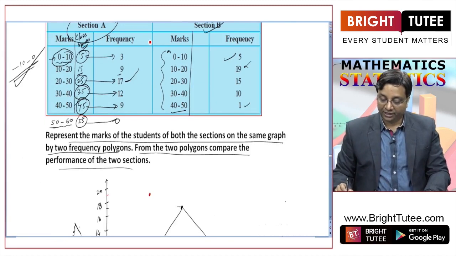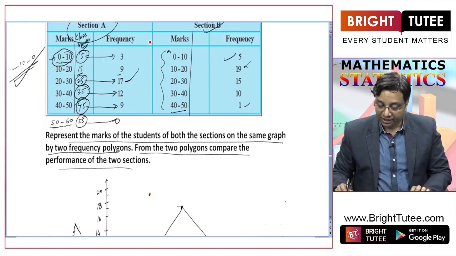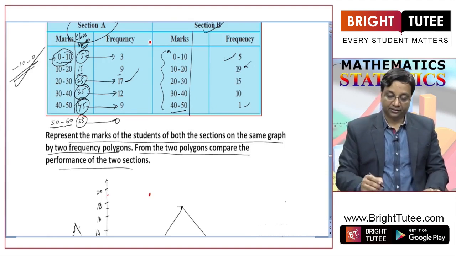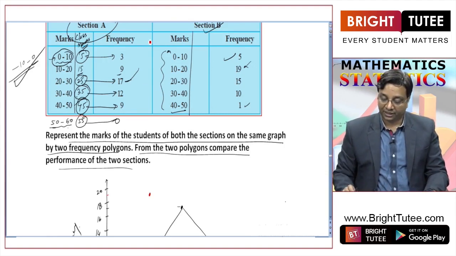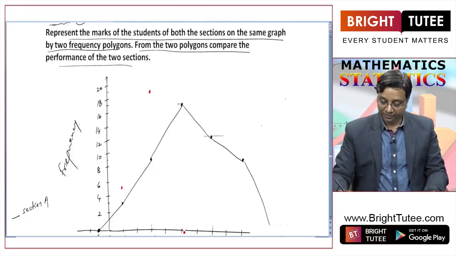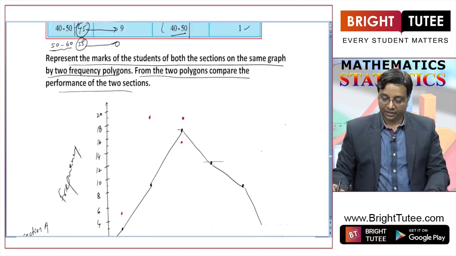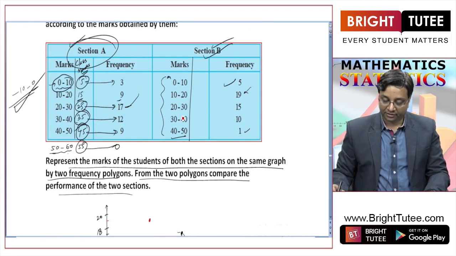Next point that we require is corresponding to the coordinates 25, 15, right? Class mark is 25 and the corresponding frequency is 15. So 25, 15. 15 will be somewhere here. So this will be the point. Corresponding to next class mark 35, we have got frequency 10.